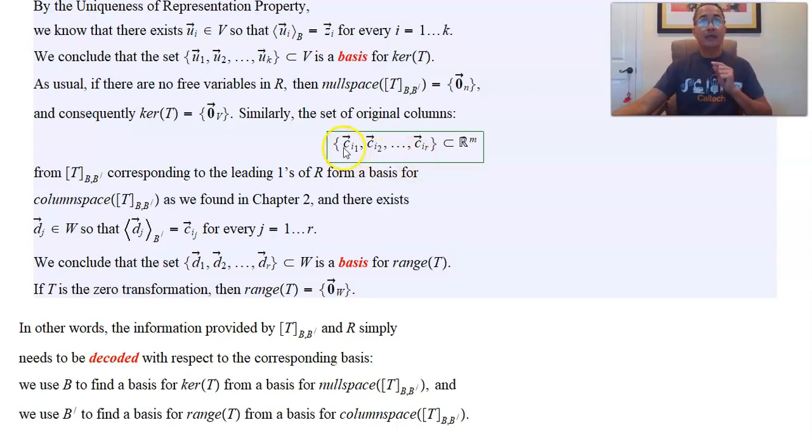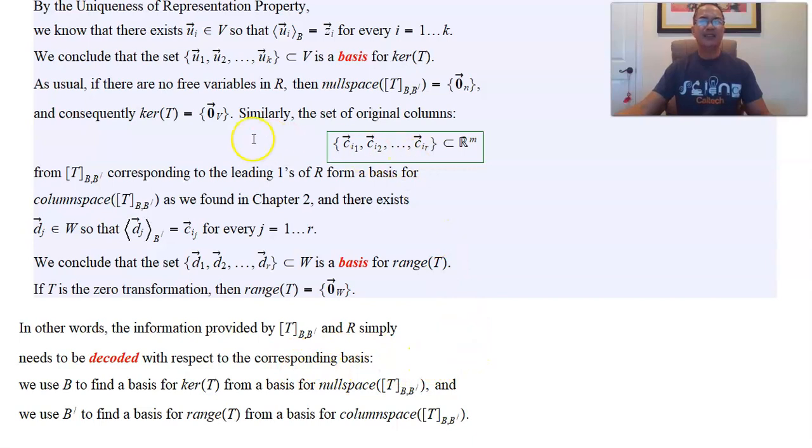So this time we decode the columns of the original matrix using the basis B prime for the codomain. Look for the unique vector in the codomain whose coordinates are the first column, the second column, and so on in your column space. Those vectors put together will form a basis for your range.